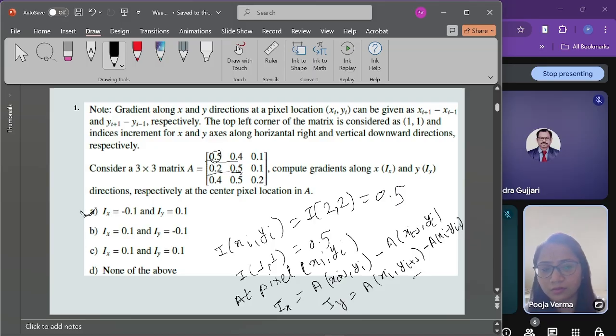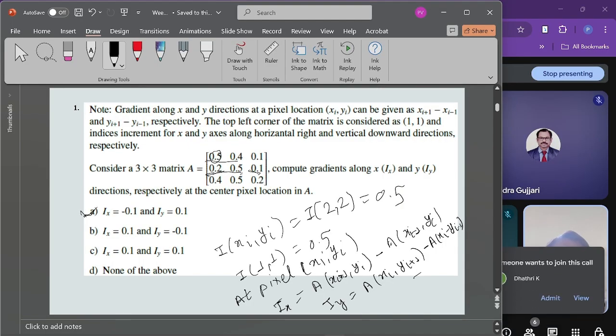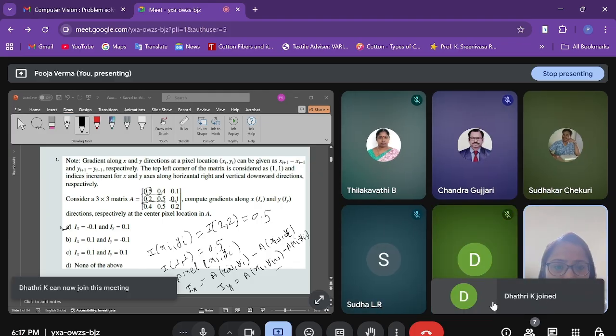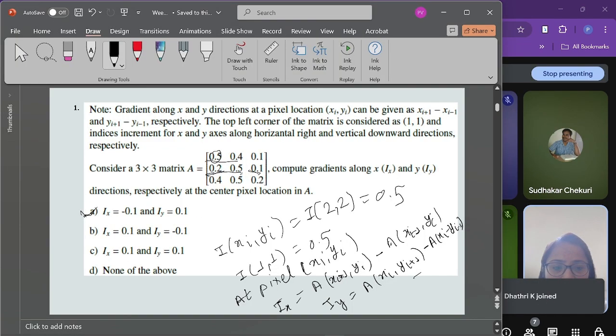Okay, so have you understood? Here already in the question it is given, respectively, at the center pixel in the location A. So with respect to the center pixel, that's why we are moving in this direction, in this direction, for both horizontal right and left, vertical downward and upward, in both x and y directions.